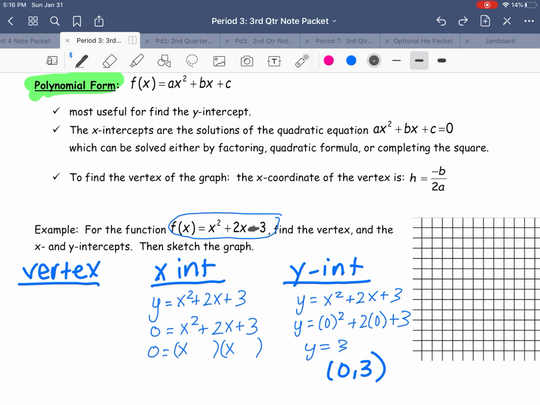I'm sorry, change the 3 to a -3. That's what needs to be negative. This right here was a typo. And so I actually need to change it over here to a minus, change it over here to a minus, which will make this -3. This will make it factor a whole lot nicer now.